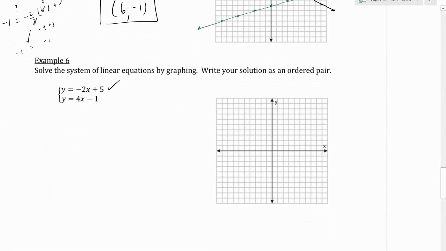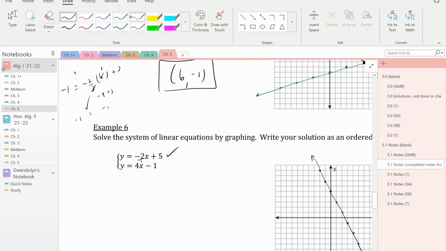Okay, so this one. Do the first one in black. So 1, 2, 3, 4, 5. I'm going to go down 2, right 1. Or up 2, back 1. The other point.